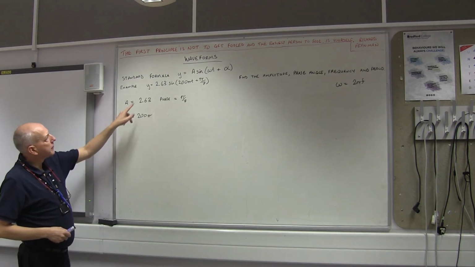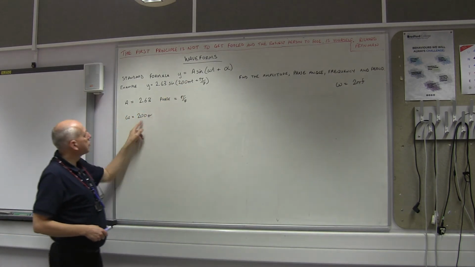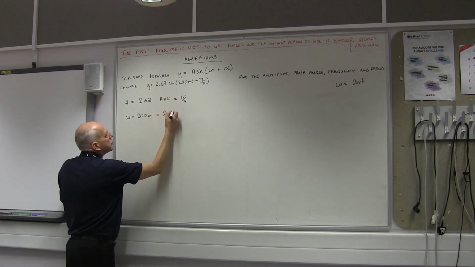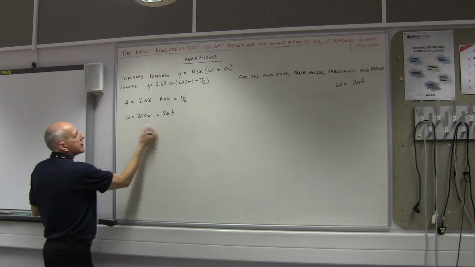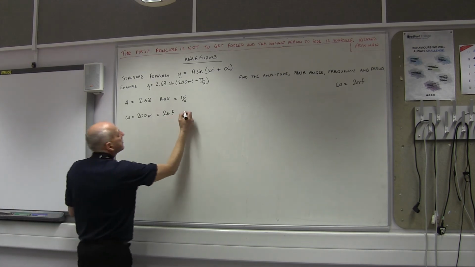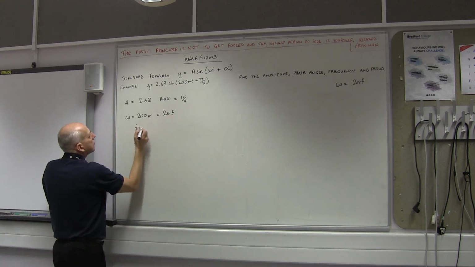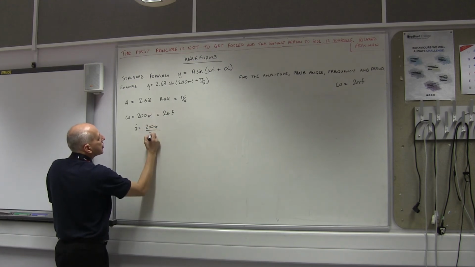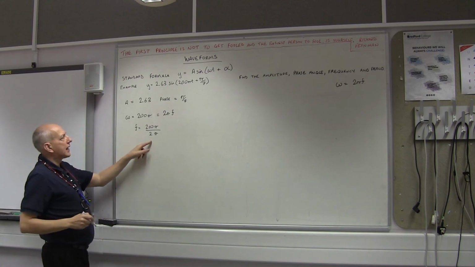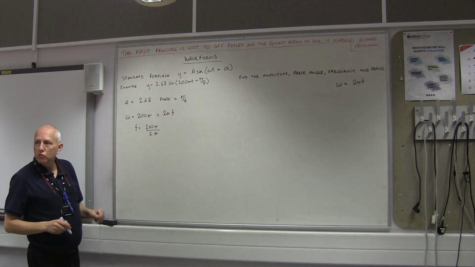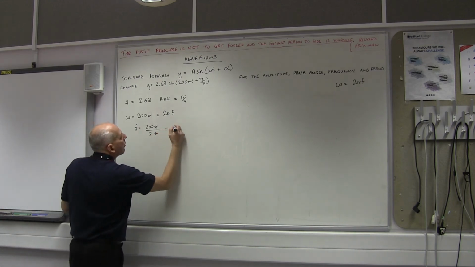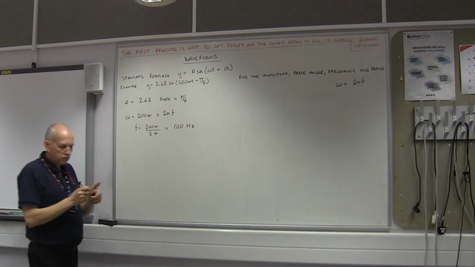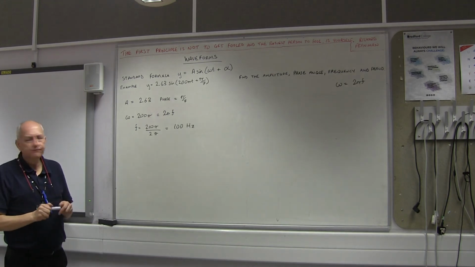So the omega part of the formula there is 200 pi, which is the same as 2 pi f. So if I rearrange this part, I'll get that the frequency is going to equal 200 pi divided by 2 pi. So the pi's are cancelled, 2 goes into 200 100 times, so it's going to be 100 hertz. Okay, so it's as easy as that.